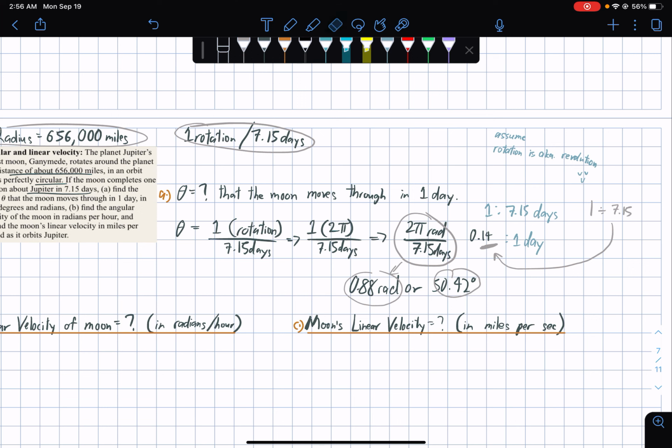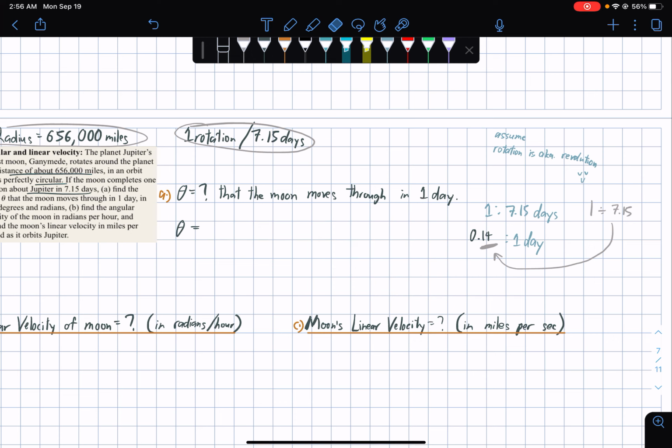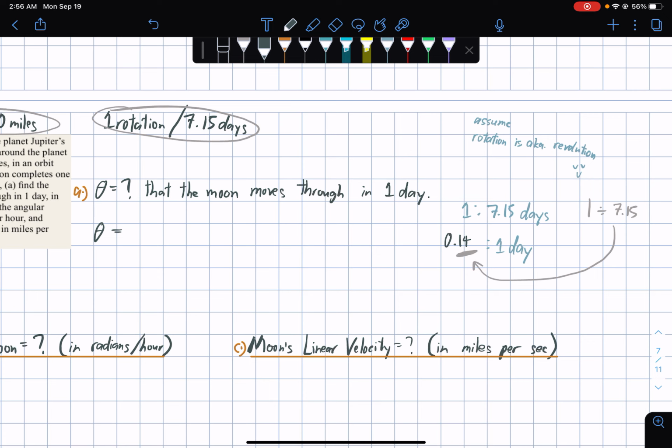So yeah, let's rewrite. Remove everything here. But we do know that in one day it's 0.14 rotations. We use our good old-fashioned ratio and proportion to determine that. So theta is equal to 0.14 times revolution over 1 day.